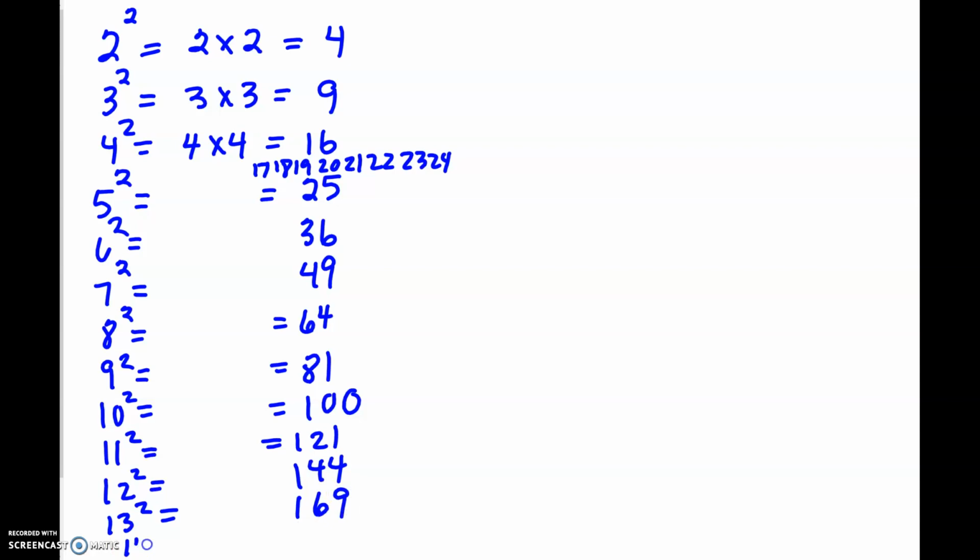Now, if you transpose those second two numbers of 169, 14 squared is 196.